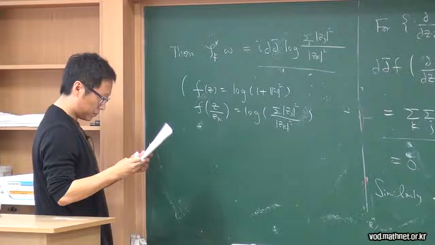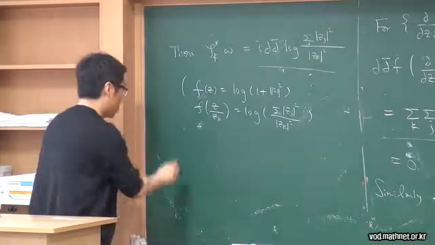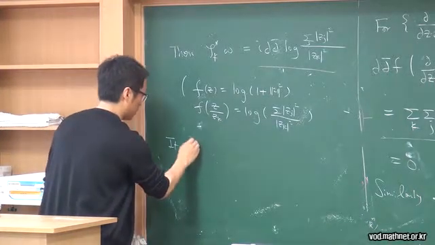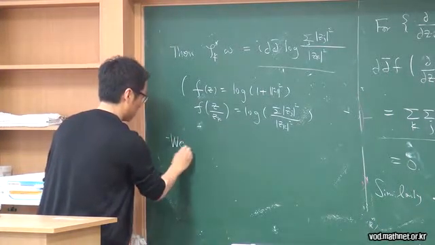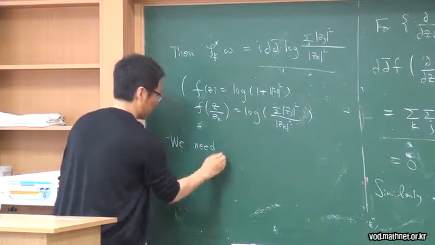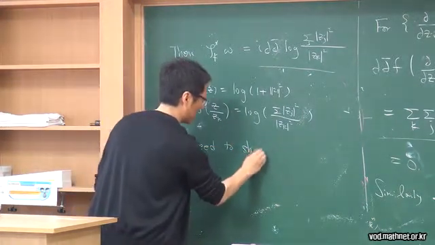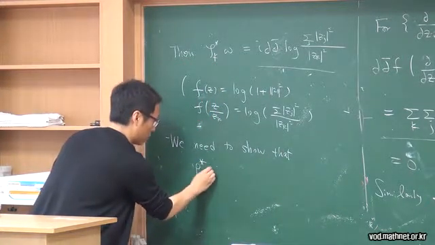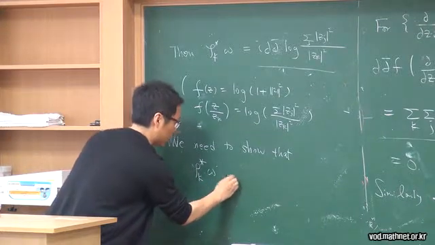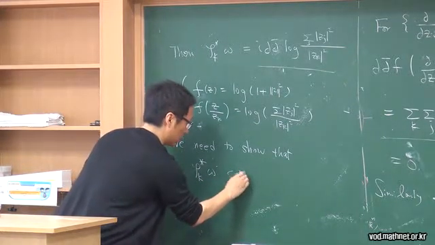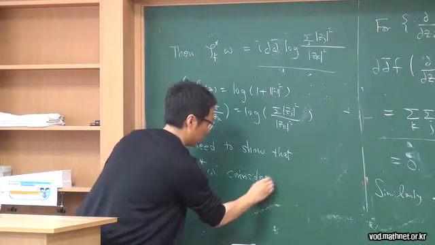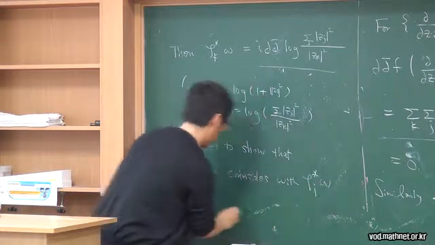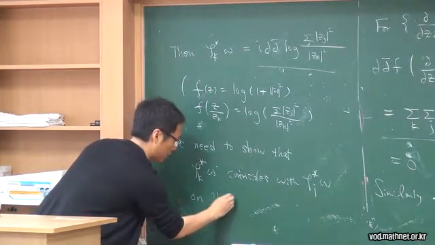So the only thing we need to prove is to show that the pullback of omega to Uk coincides with phi j pullback omega on Uk.